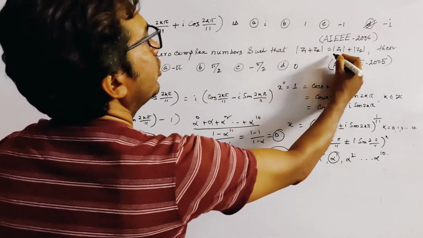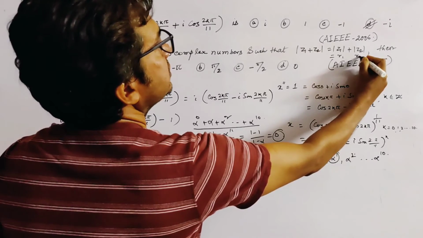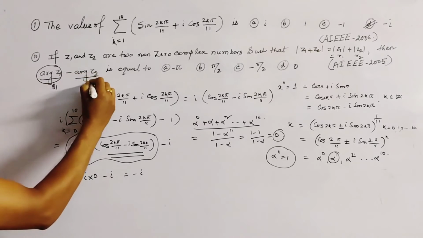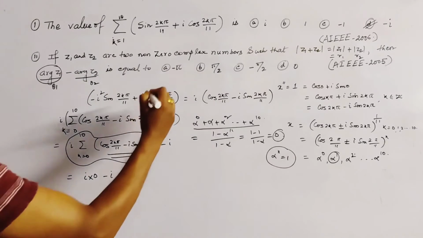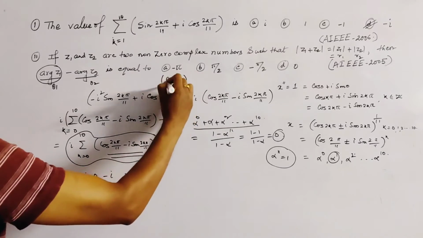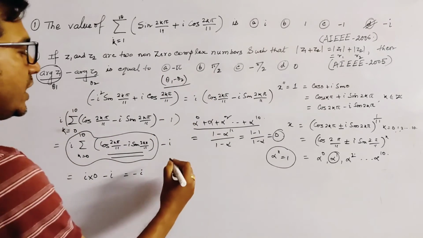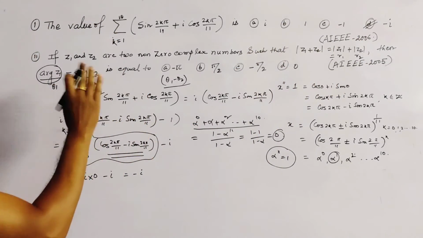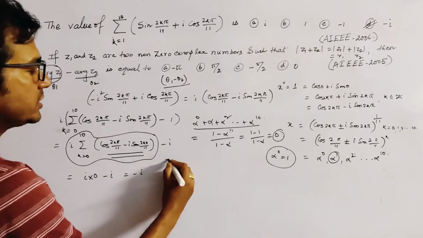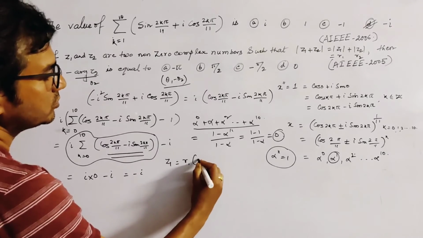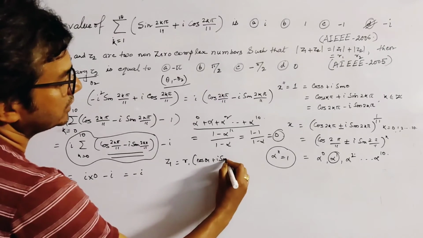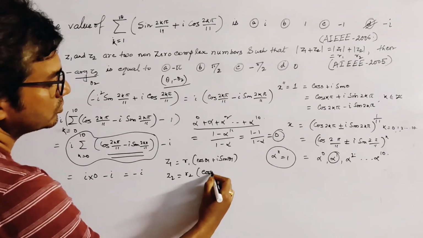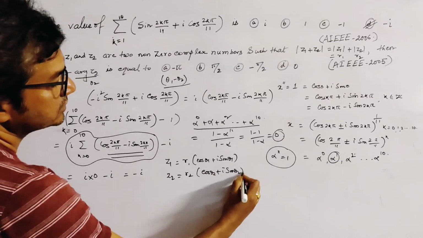We let mod Z1 equal to R1 and mod Z2 equal to R2, and argument Z1 equal to theta 1, argument Z2 equal to theta 2. We have to find theta 1 minus theta 2.